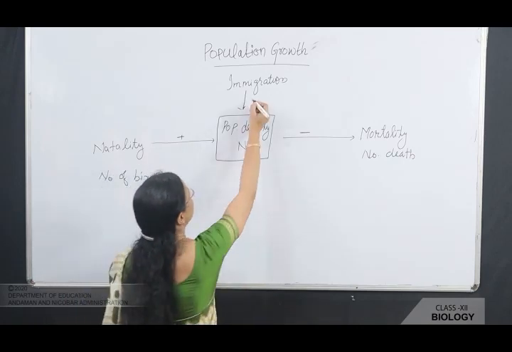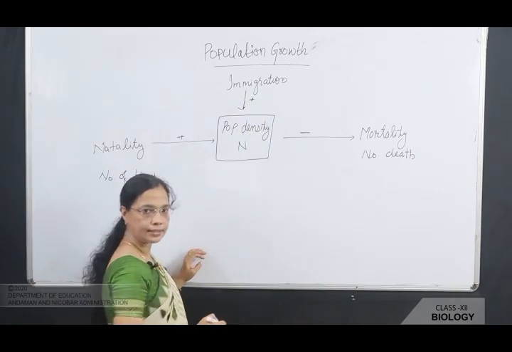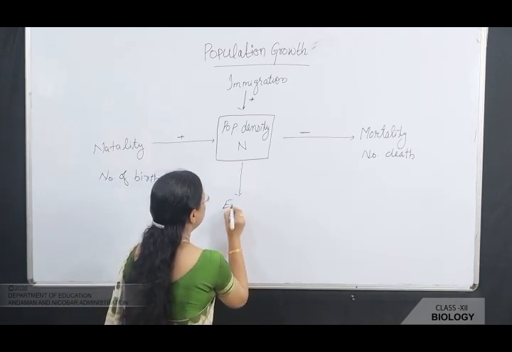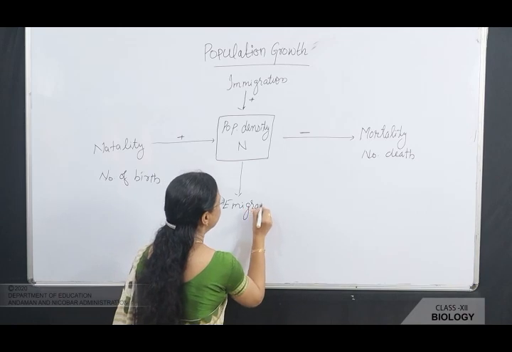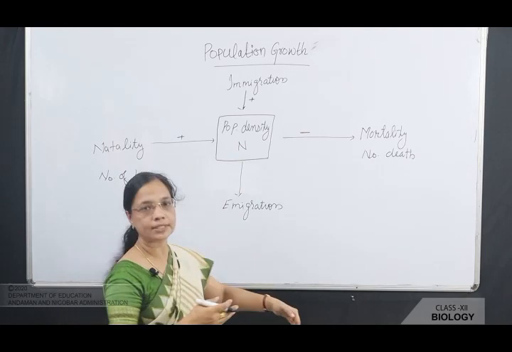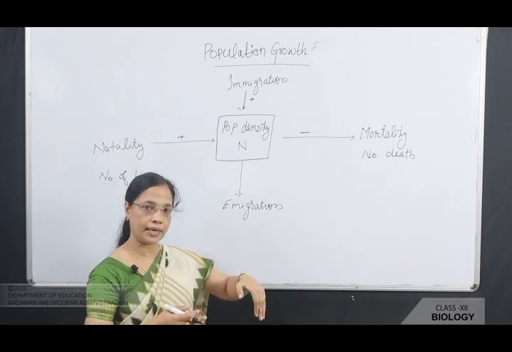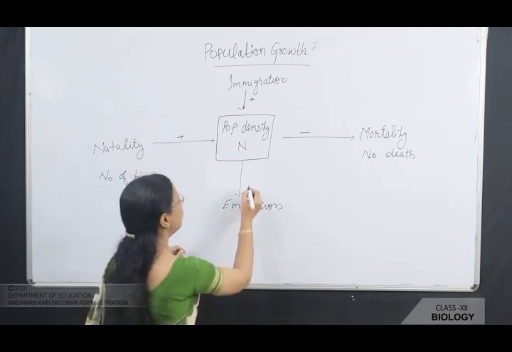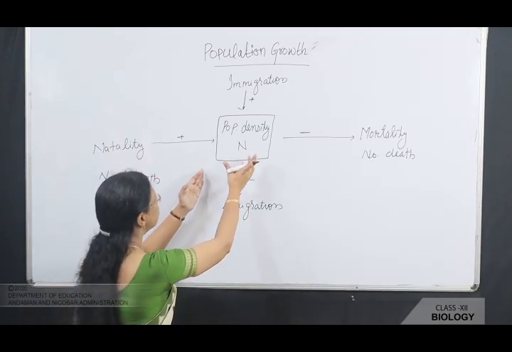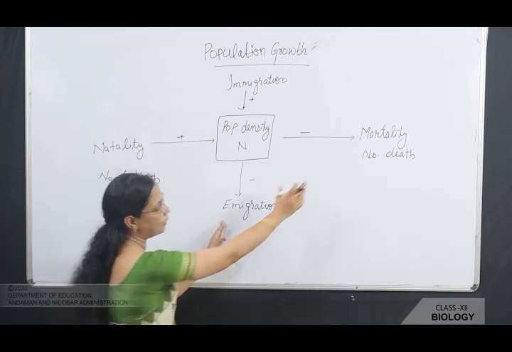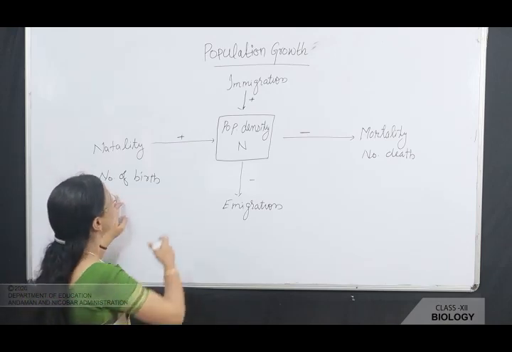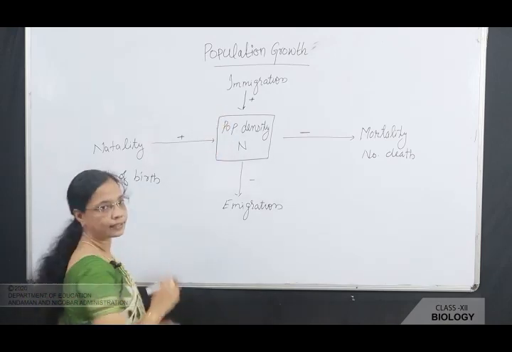And next is emigration. When that species moves out of this area, what happened? The population density decreases. Okay, so what you have seen, the population density decreases due to emigration and mortality, and the population density increases due to immigration and natality.